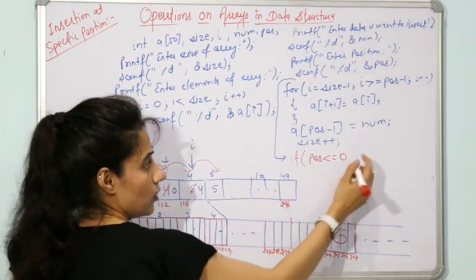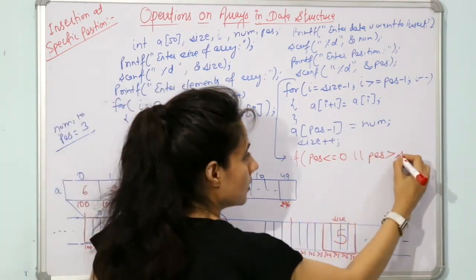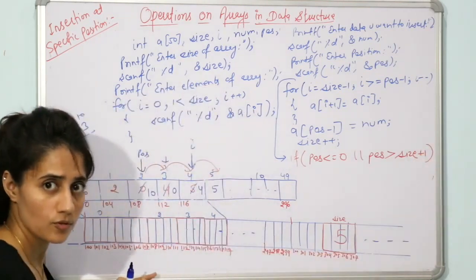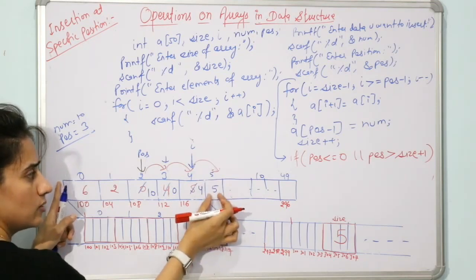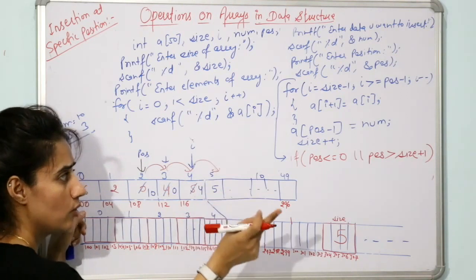So position is less than or equal to 0, or position is greater than size, or size plus 1 you can say, fine, because size is 5, so here also you can insert at the 6th position, that is also fine, but after size plus 1 you cannot insert.